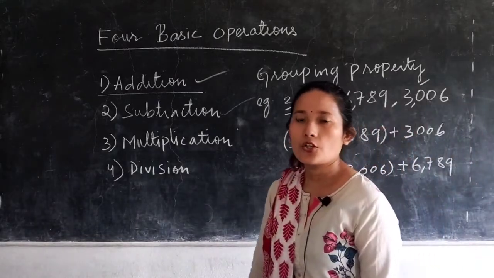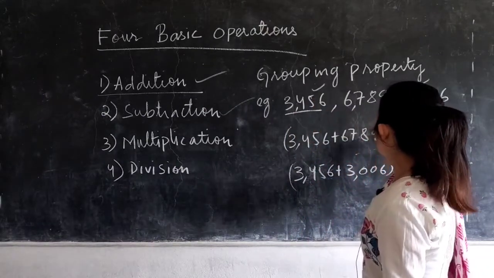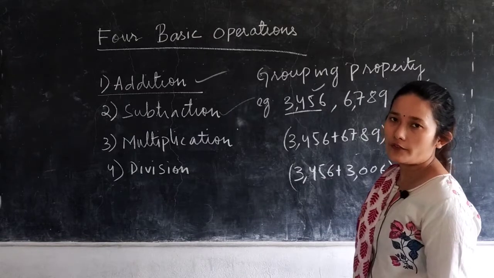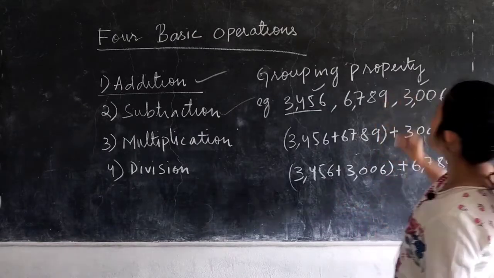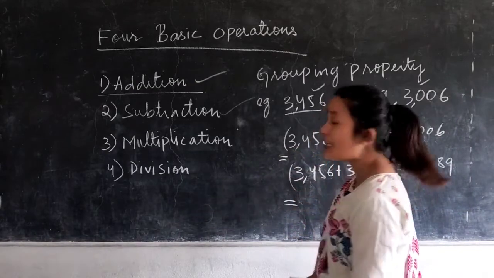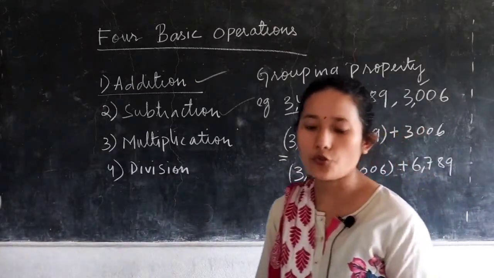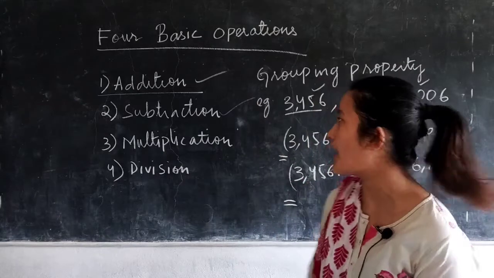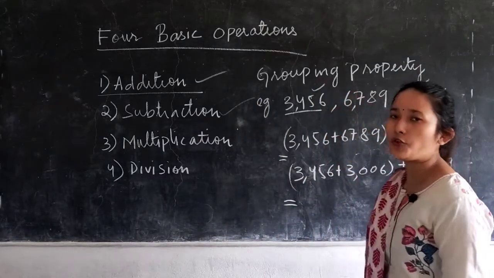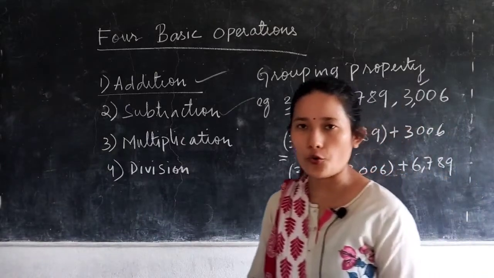Okay, so you see, you can group the numbers according to your own convenience and the answer would be same. In both these cases, your answer would be same. Okay, so grouping property tells you that if you have more than 2 sets of number given, then you can group it according to your own way.